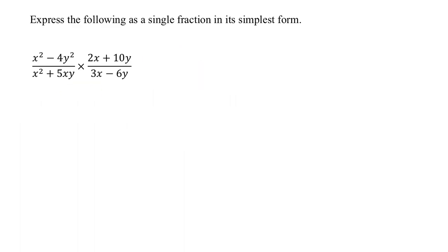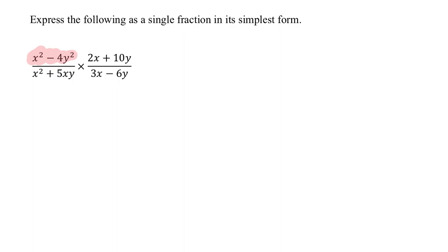Alright, hello everyone, welcome to this video where we are then required to express the following as a single fraction. So the very first thing that comes to my mind is that if I can factorize, I factorize.